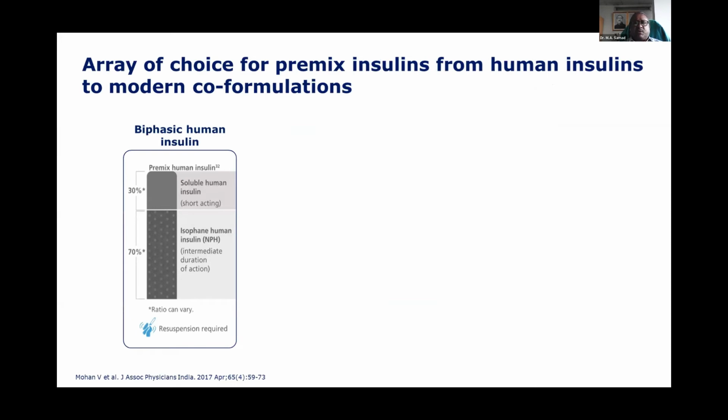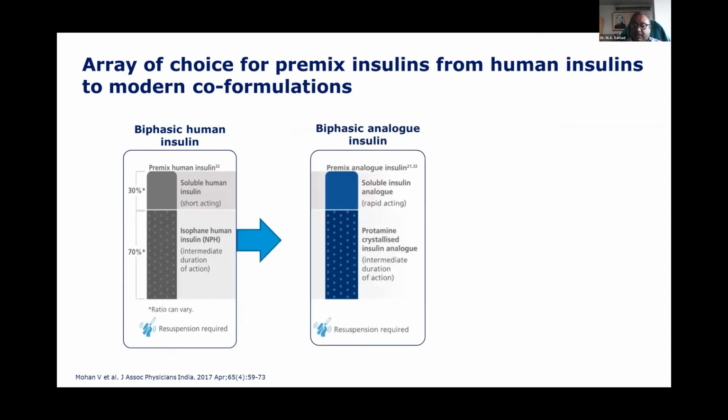There is an array of choices for premix insulin. There are various premix insulins in the market. There is biphasic human insulin that causes more hypoglycemia. Then you can use the biphasic analog insulin, that is aspart and other insulins. You can use this that causes less hypoglycemia and better control.